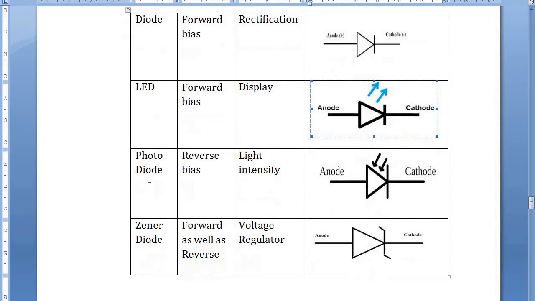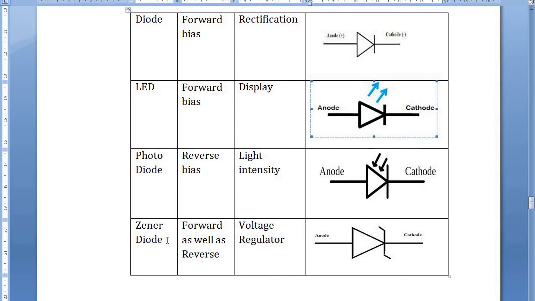Then the photodiode always operates in reverse bias mode. It is used in systems where we want to measure the intensity of light, or something concerned with light intensity, like solar cells and solar panels. On the right side you can see the symbol. In an LED the arrow is going out, in a photodiode the arrow is going in.